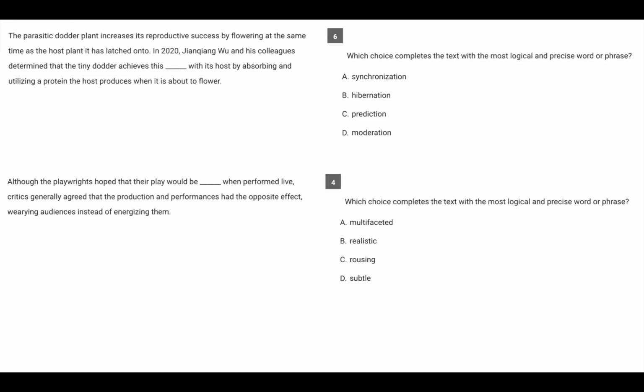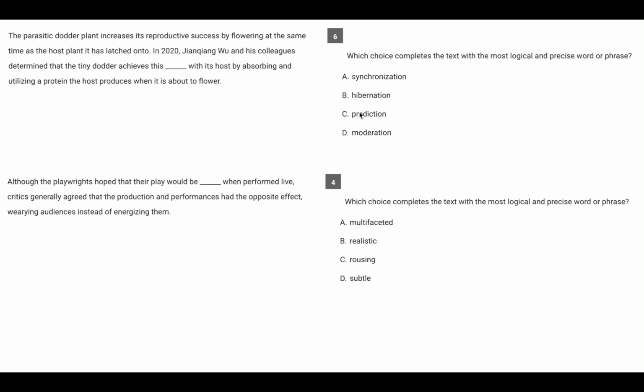Let's look at D. Moderation doesn't match. Prediction. There is nothing about predicting something in the passage. So do not overthink. Did you see anything about prediction in the passage? No. B. Hibernation. Hibernation is when someone sleeps for a long time. Did you see anything in the first sentence? Just by looking at this word, this, you know that the answer should be somewhere in the first sentence.